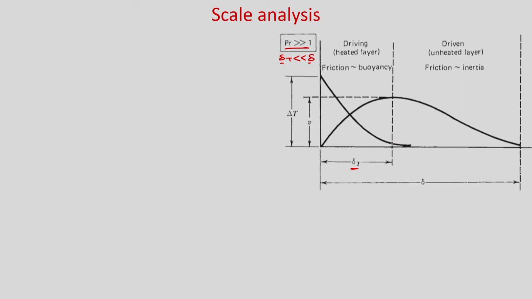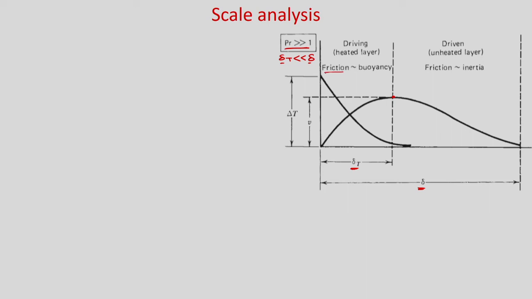And you can see outside there will be the effect of this velocity, and you will get maximum velocity inside the thermal boundary layer. So, inside the thermal boundary layer, obviously your viscous force will be of the order of the buoyancy force.